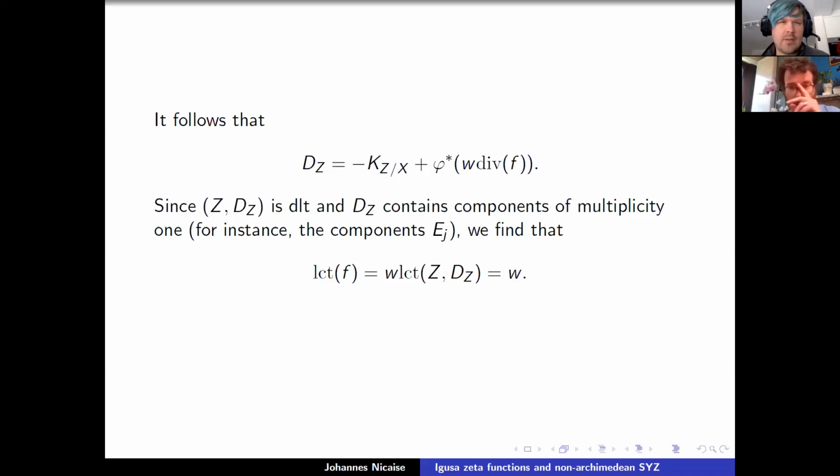Sorry, do you have any idea what the support of D_Z can be? Or is it something you can't say explicitly? Let's see.